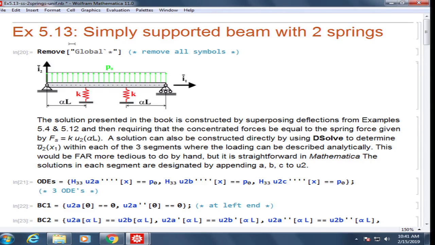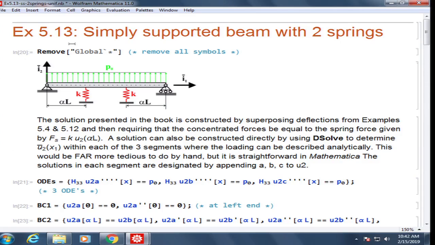So considering that the displacement is positive upwards, for a positive displacement upwards, the spring will exert a downward force, right? And similarly, it goes for the rotational springs. You have to look for the positive rotation and then oppose that positive rotation with a moment.